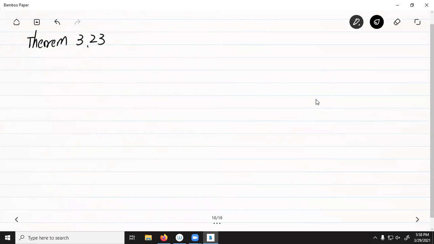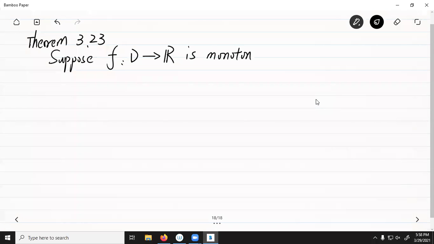Theorem .23. Suppose f, which is from D to R, is monotone.